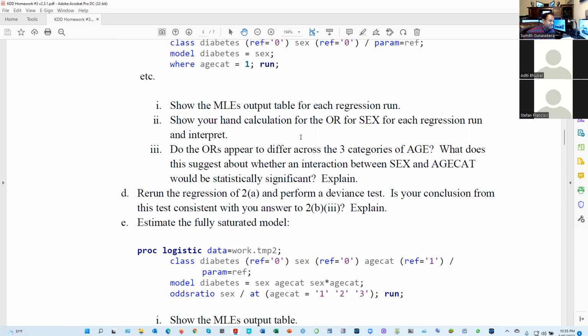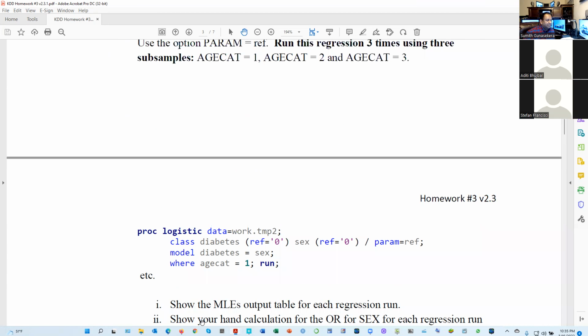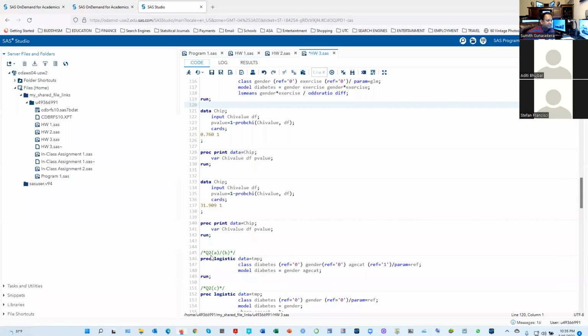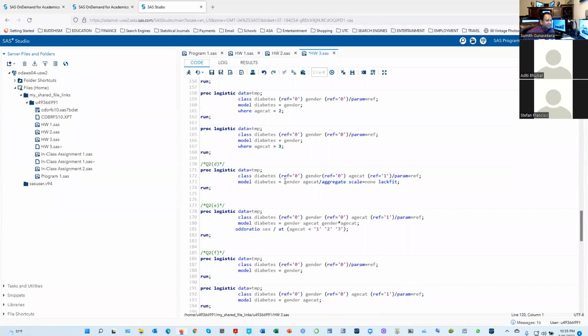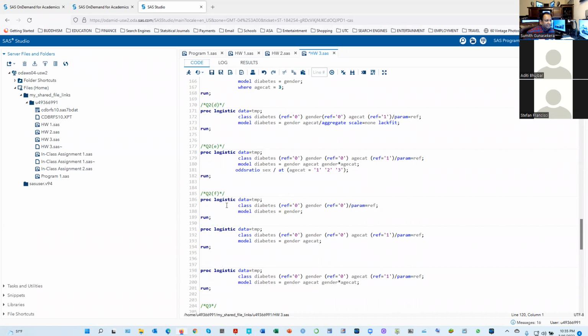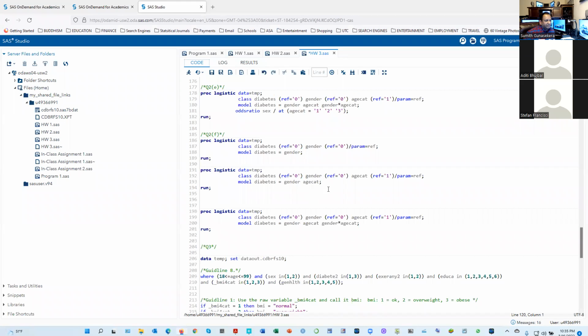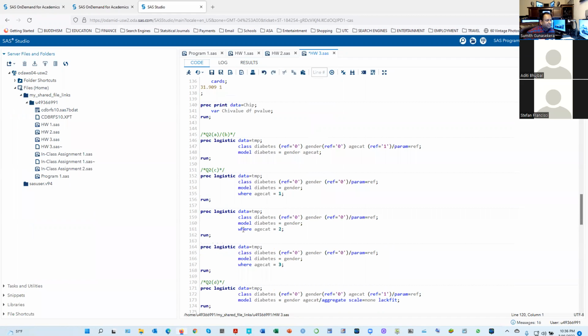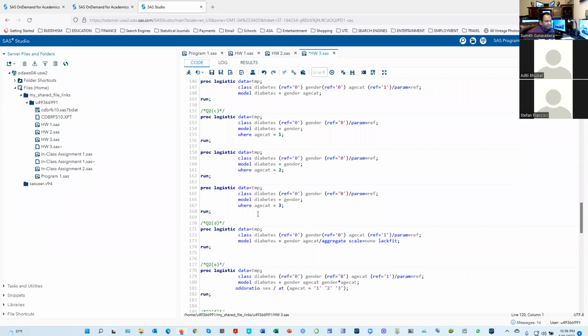Now you're going to see, not the age cat, even the age cat you're going to take only one. Age cat 1, sorry, this one, 1, 2, 3, this 2C here, these three.